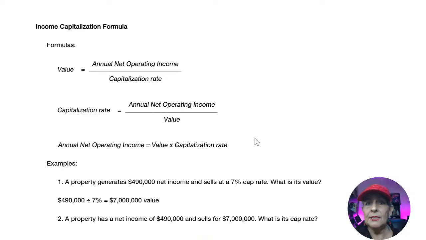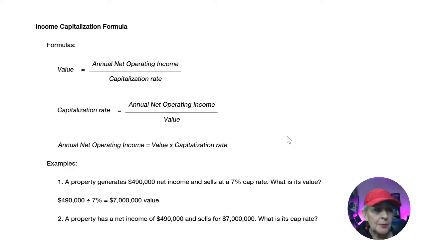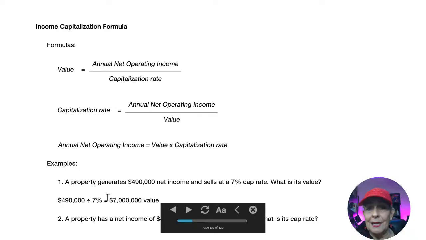So this is how investors, commercial builders and buyers calculate value when they're buying an existing property, and how the appraiser will value it. Excuse me, they, the appraiser, will compare properties based on a cap rate and how much income they make.